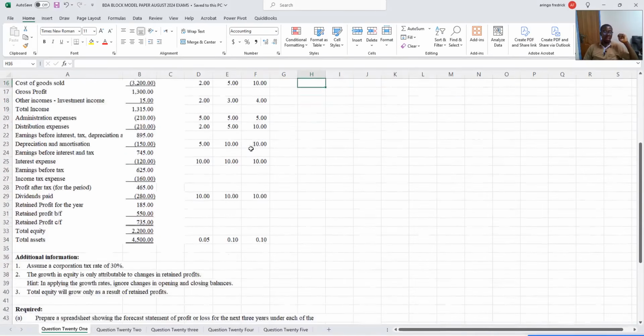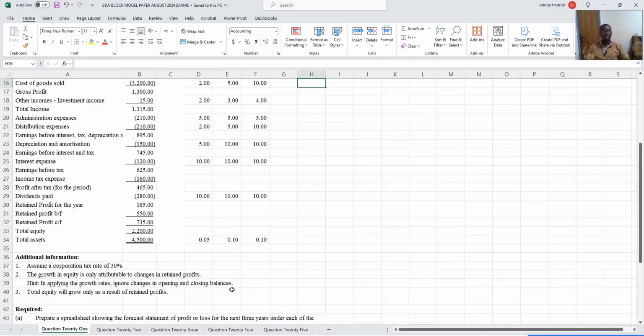You are told additional information that we assume a corporation tax rate of 30%. The growth in equity is only attributable to changes in retained profits. Hint: in applying the growth rates, ignore changes in opening and closing balances.